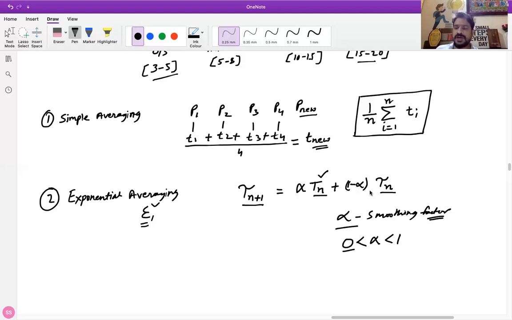Or if we make it 1, then this particular time will not come into the formula, and this will be omitted from here because it is 1 minus 1, which will again be 0. So we cannot afford that. So generally, the smoothing factor is taken as 0.5, or you can say 1 by 2.